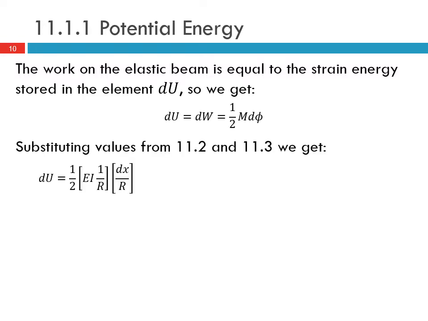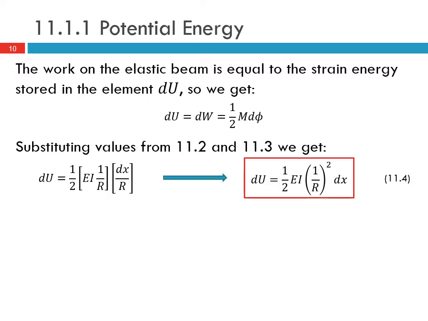And now if we substitute our values for M and d phi that we talked about, then we can see that dU is equal to 1/2 EI (1 over r) times (dx over r), or dU is equal to 1/2 EI (1 over r squared) dx.